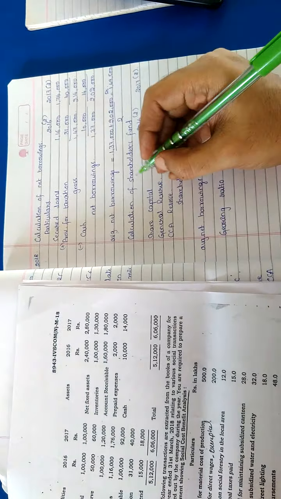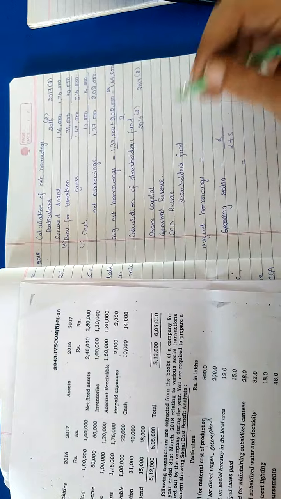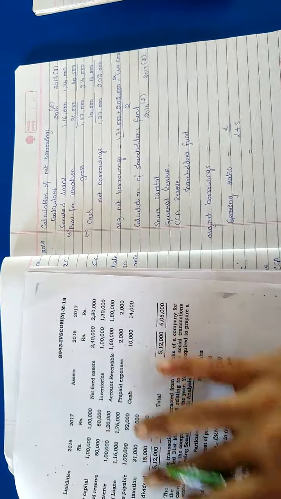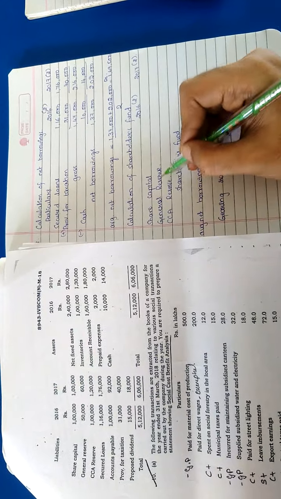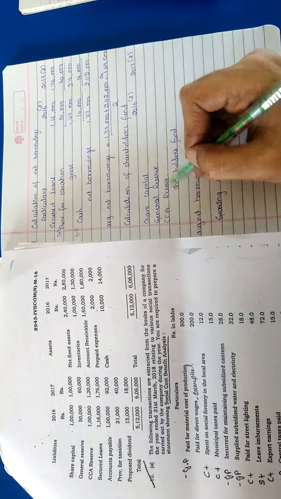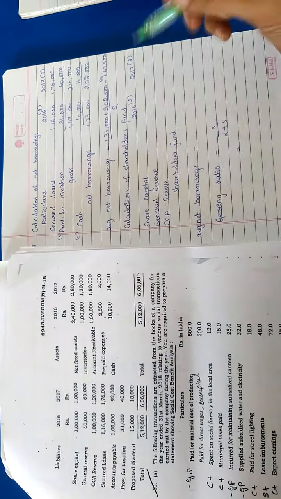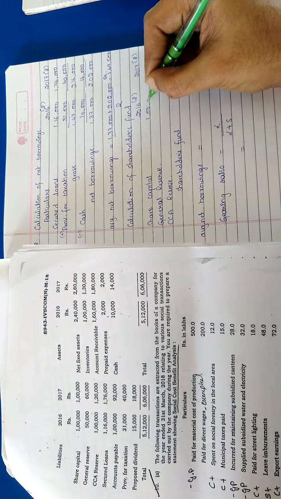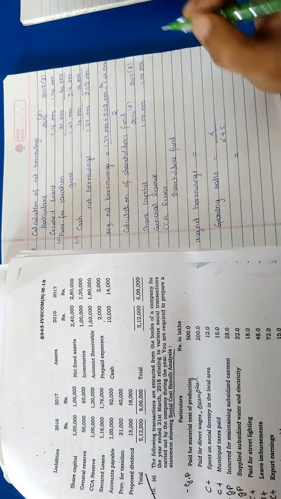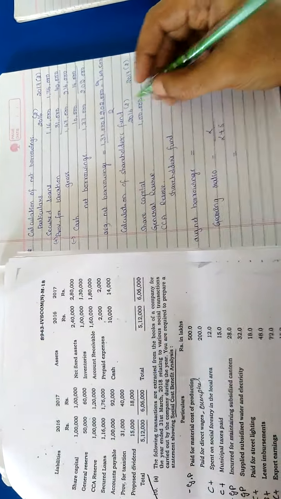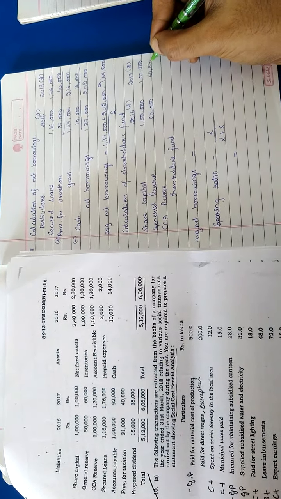Similarly, we calculate the shareholders' fund. We already know there are three items: share capital, general reserve and CCA reserve. The share capital is 1 lakh in both years. The general reserve is 50,000 and 60,000.